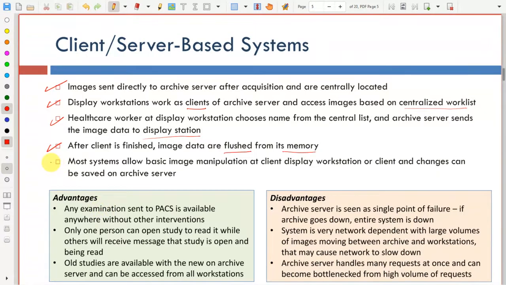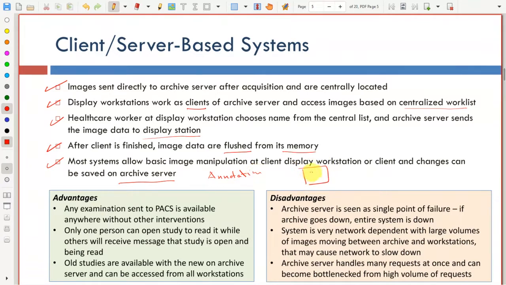In that workstation, most systems would allow basic image manipulation at the client display workstation, and changes can be saved on the archive server. So you can make some changes. For example, you can do some image enhancement or some annotation, meaning that you wrote something on the image.